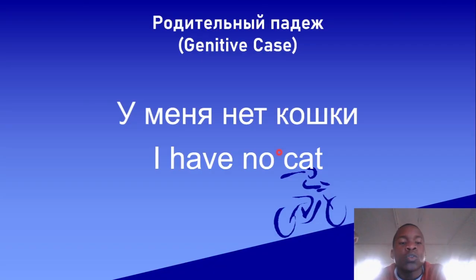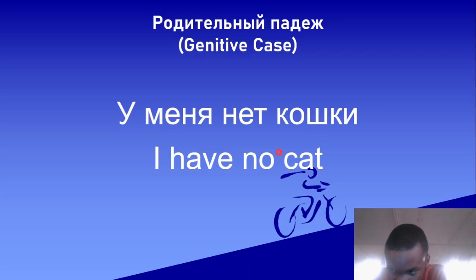So now when I say u menya net sabaki, it will still be correct. You have to look for those kinds of loopholes and find exactly those examples that will be best fitting for those sentences.